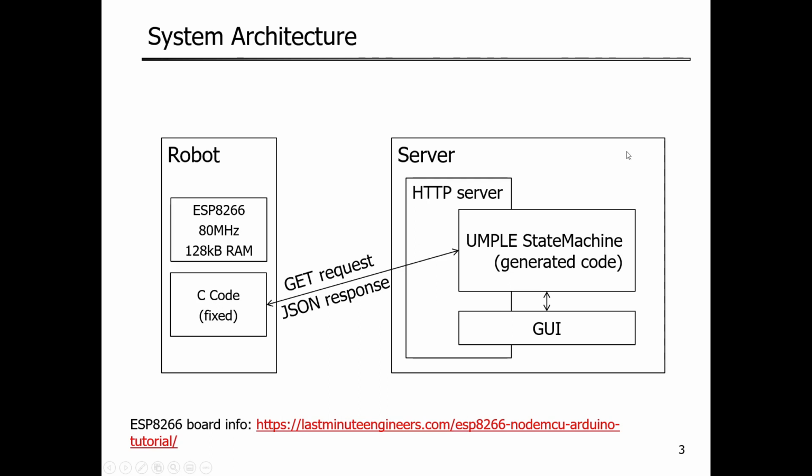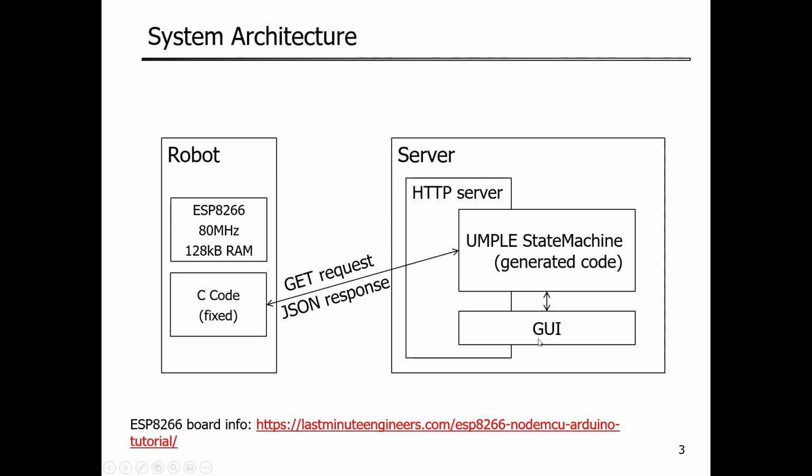And then on our computer, on the server, we will basically have a communication using HTTP, so normal GET requests. It will just look as if somebody calls some website, and the response will not be HTML but JSON. But I guess most of you are familiar with this also from other modules and your previous experience. Inside the HTTP server will basically be a kind of front end to access a state machine or the generated code of the state machine.